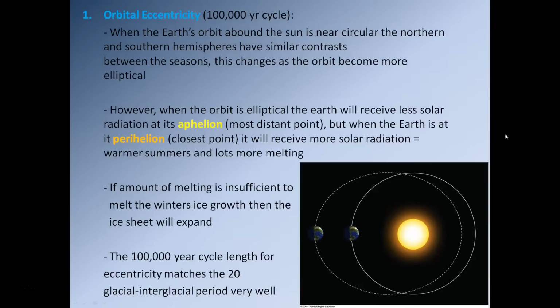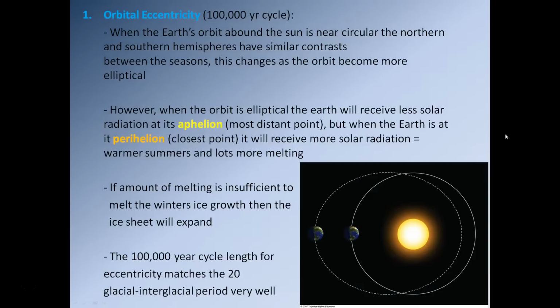They receive essentially the same amount of solar radiation in both the winter and the summer. So that means summer and winter conditions are remarkably similar. So that will mean in theory you would have warm winters and warm summers, or you would have cold winters and cold summers, depending on certain other conditions.